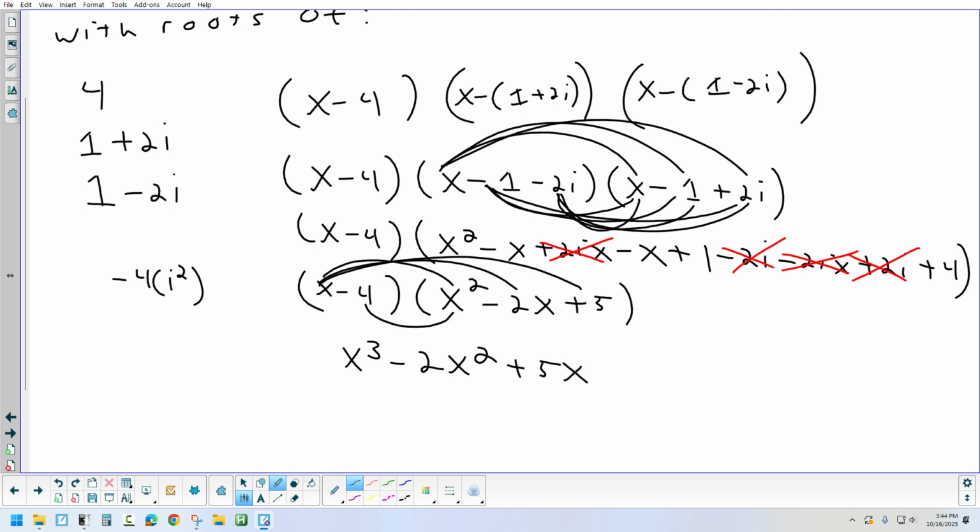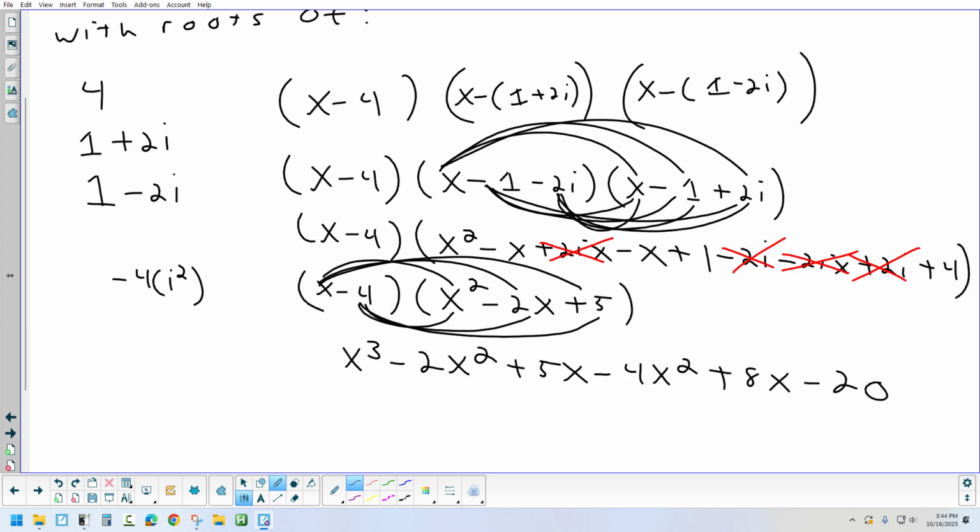And now negative 4 times x squared. Minus 4x squared. And negative 4 times negative 2x. Plus 8x. And what's negative 4 times 5? Minus 20.